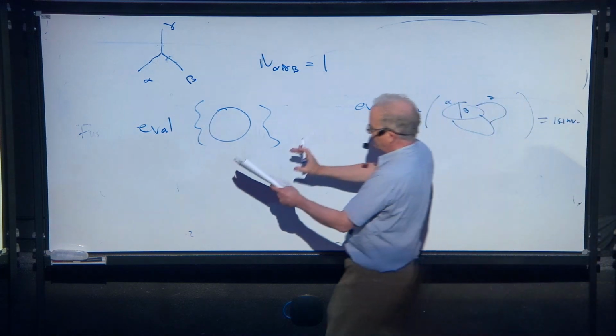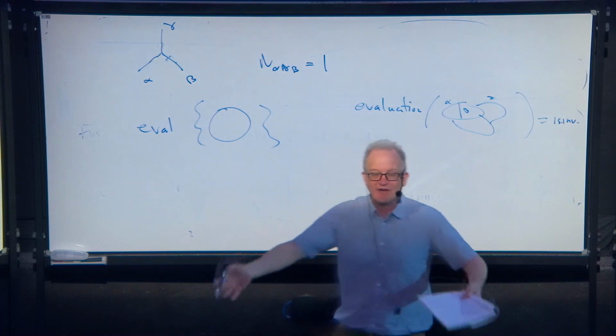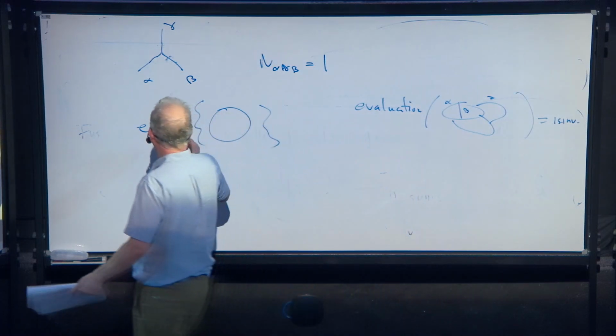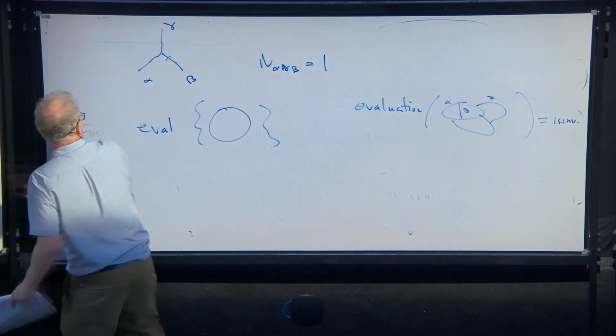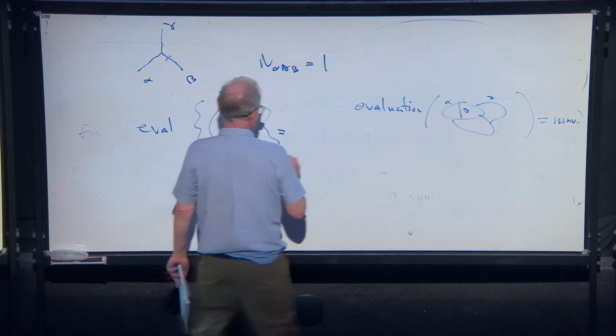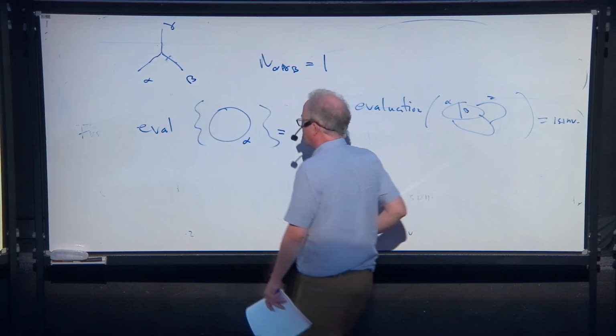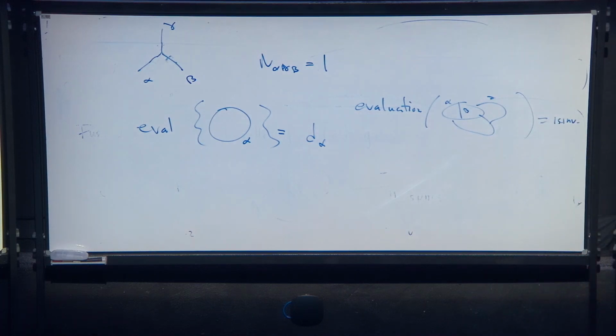That means evaluate means you take your diagram and then you spit this number out. And that's called the evaluation. So the rules now: if I have a closed loop labeled by alpha, when I evaluate it, I'm turning it into a number, I get d alpha.